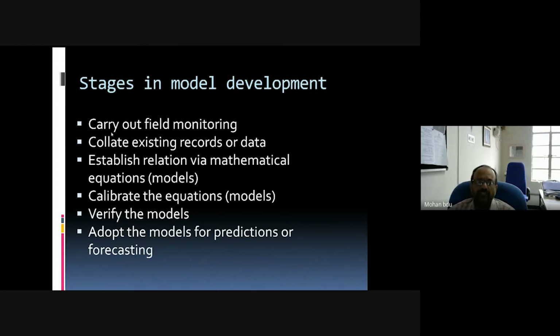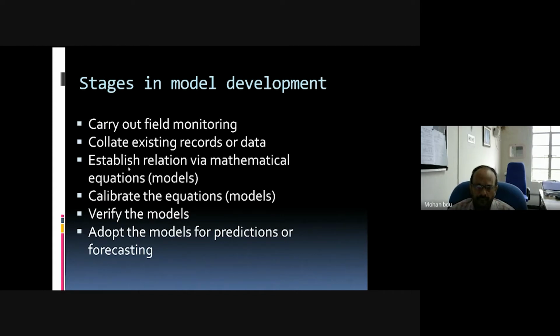For this, it may need some sort of field work monitoring and collating the existing records, like, say, for example, the emission inventory or the inventory of the industries which are likely to cause impact on the water quality in a given location, and so on.